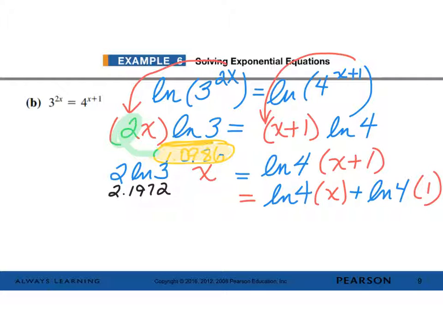Because remember, this is just a number. So we're basically distributing a number across both of these terms.